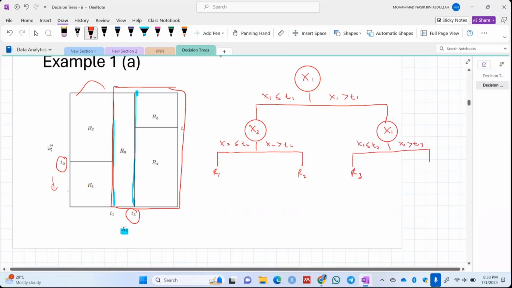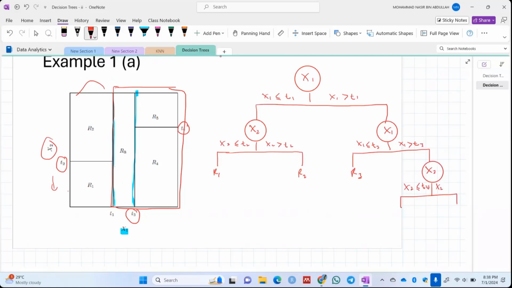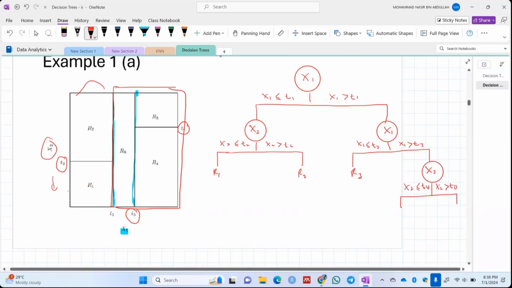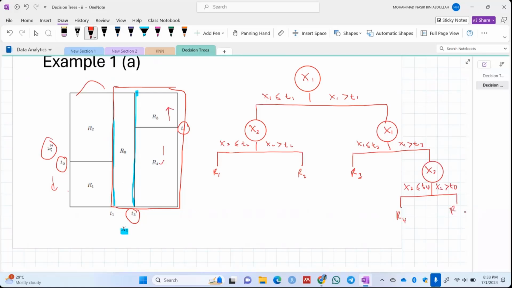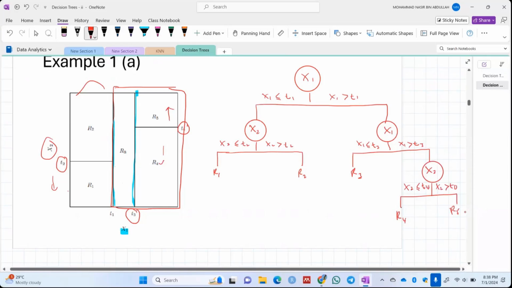For X1 more than T3, we can separate the region into two parts based on X2 equal to T4. So X2 can be split into two parts, X2 less than or equal to T4, X2 more than T4. For X2 less than T4 is R4, more than T4 is R5. So this is the decision tree diagram based on the partition space.